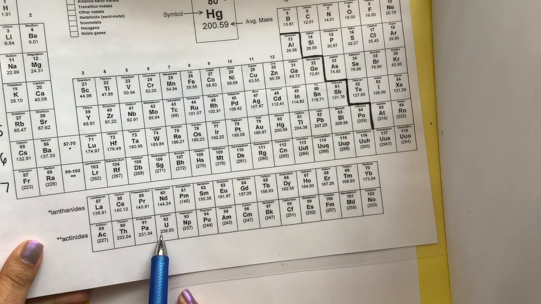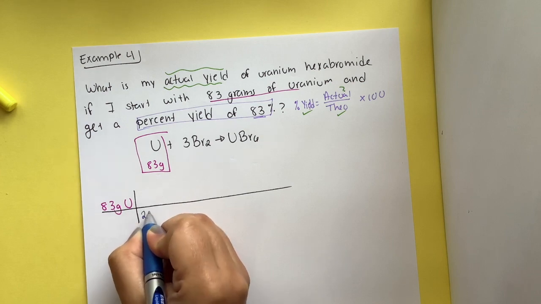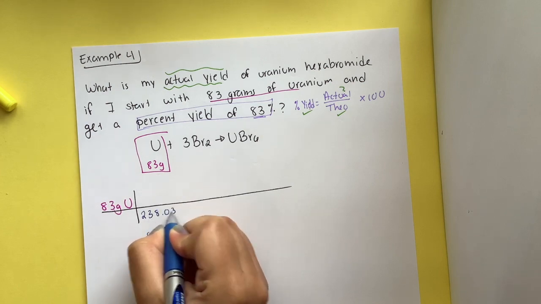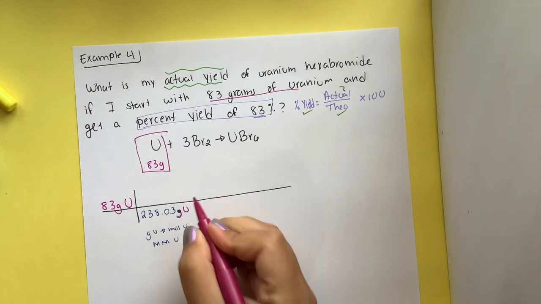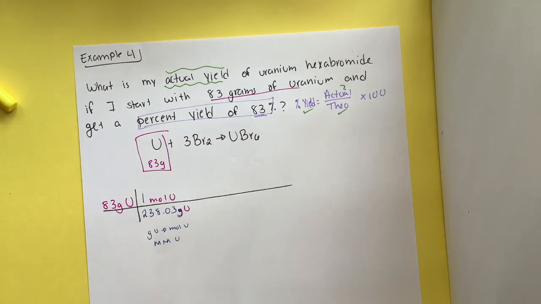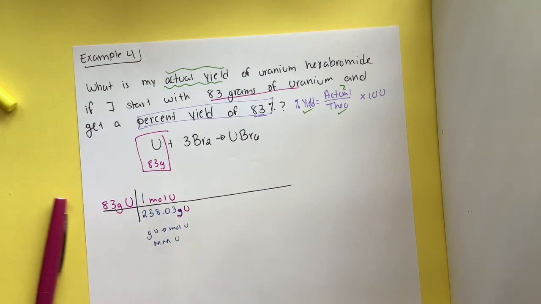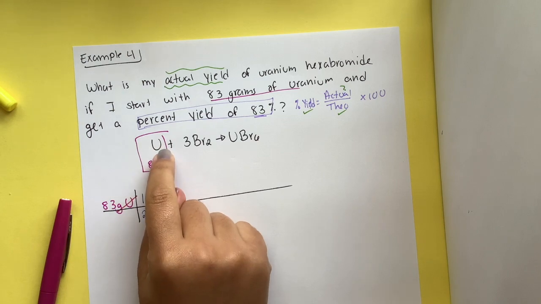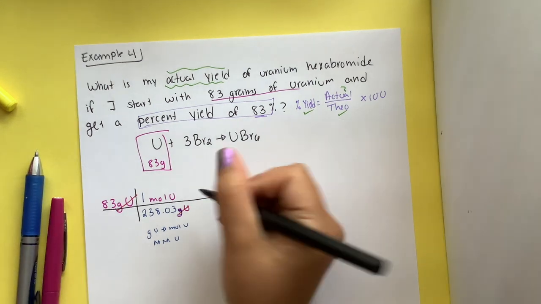The molar mass is 238.03 grams of uranium for every 1 mole of U. Notice how I put the grams across from each other so that they cancel each other out. Since it is only U and there's no subscript behind it, I just use the number from the periodic table. I don't have to multiply by anything because I only have 1 U.